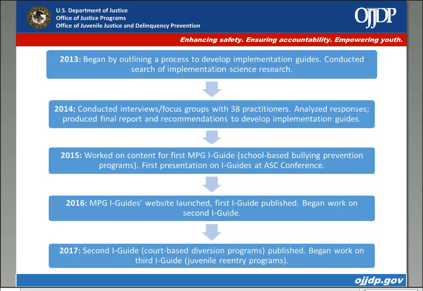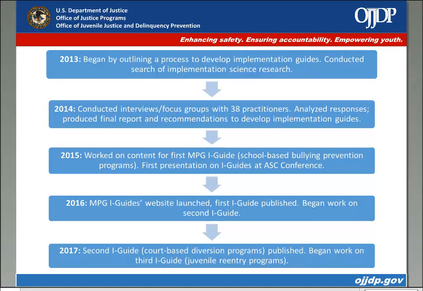This plan outlined the approach DSG would take to gather background information on implementation science research, as well as users' perspectives on implementation and other relevant information. All of this information was used to outline the MPG Implementation Guides protocols and standards, which would be the framework we would use to create all future I-Guides.